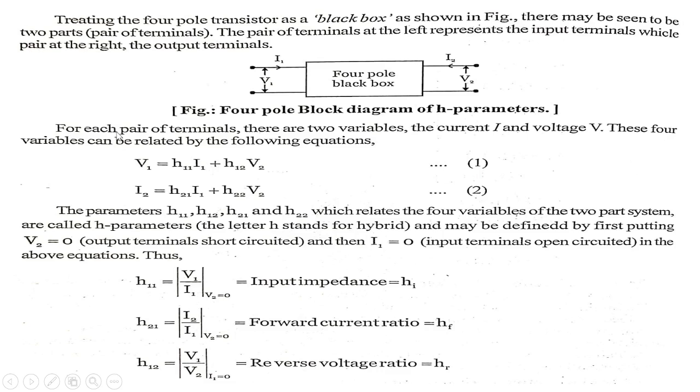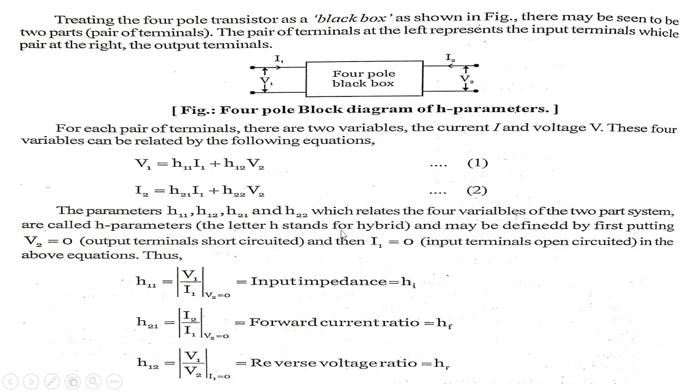For each pair of terminals there are two variables, the current I and voltage V. These four variables can be related by the following equations: V1 equal to H11 I1 plus H12 V2 and I2 equal to H21 I1 plus H22 V2. The parameters H11, H12, H21 and H22, which relate the four variables of the two-port system, are called H parameters.